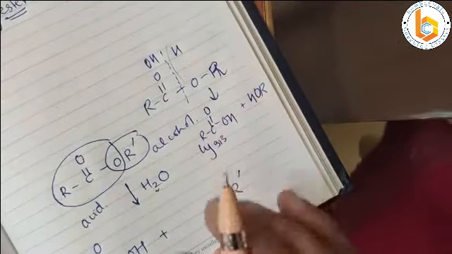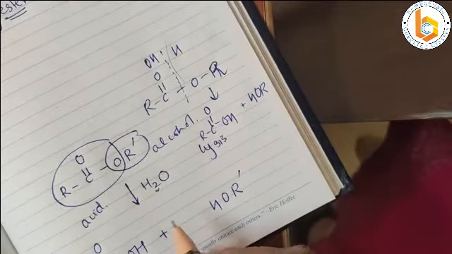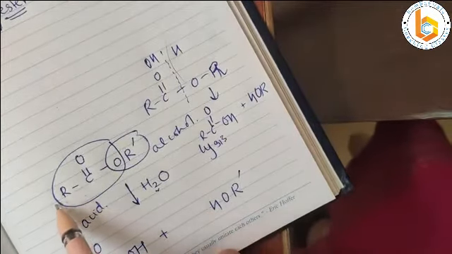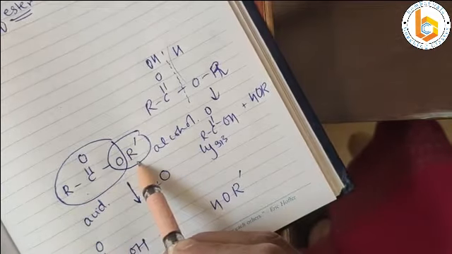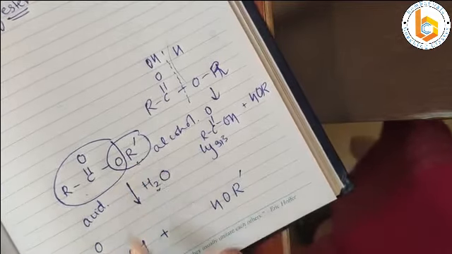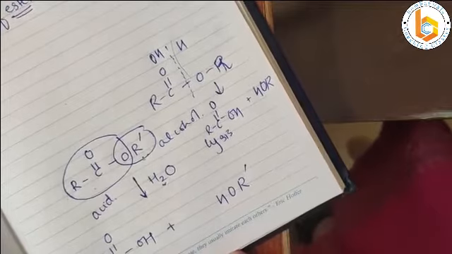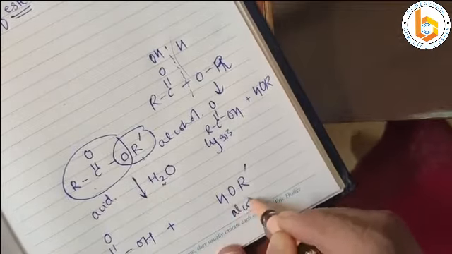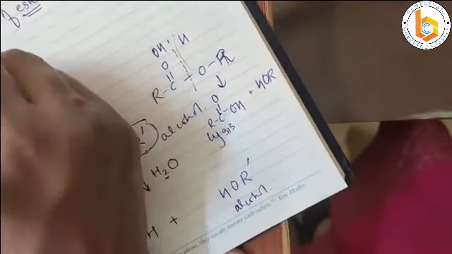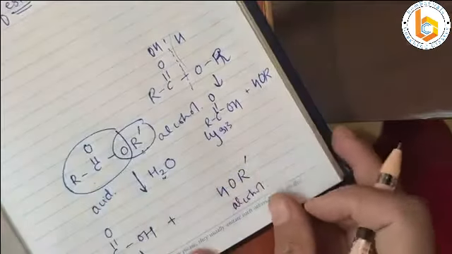Is that clear? So this one is our first method of preparation, which is hydrolysis of ester. That is breaking down of ester into acid and alcohol. Clear? Then we move on to the second method of preparation.